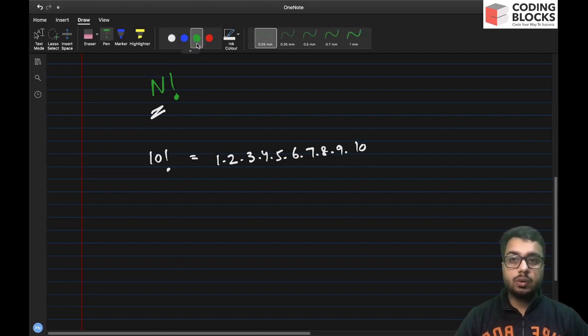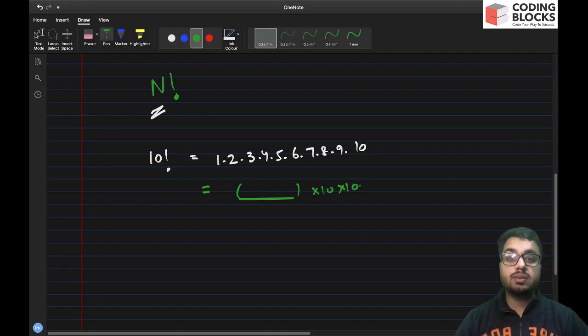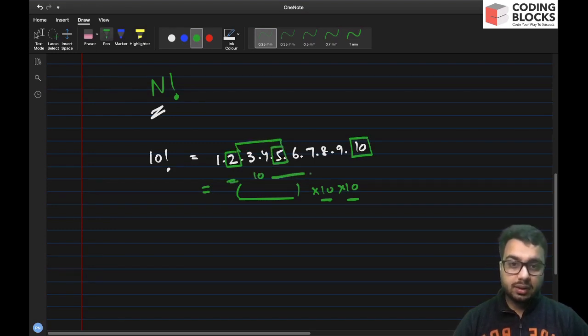Now if you want to know the number of zeros in 10 factorial, you are basically looking for how many times 10 occurs in it, since the number is something multiplied by 10, something multiplied by 10, if it has two zeros. One time it is occurring is here. Another time it is occurring is when you multiply 2 and 5. This also makes 10.